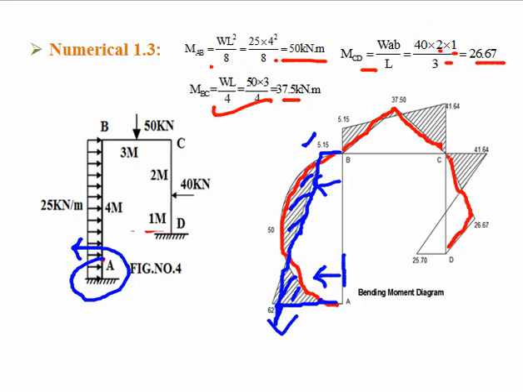So keep your pen close to B and rotate in anti-clockwise sense about B. After cutting the member, the arrow comes up, so you have to show it up, 5.15. Then for CB, your moment is minus 14.64.